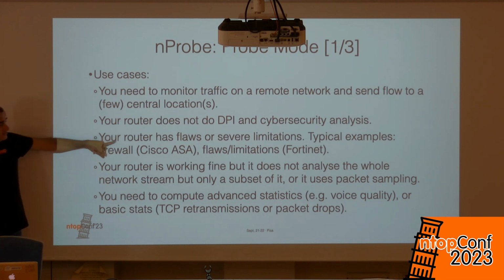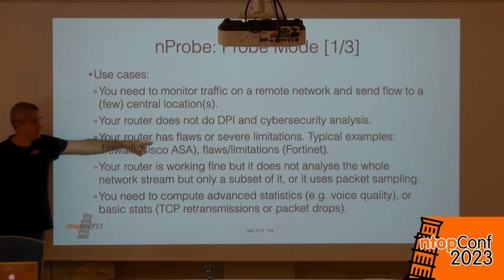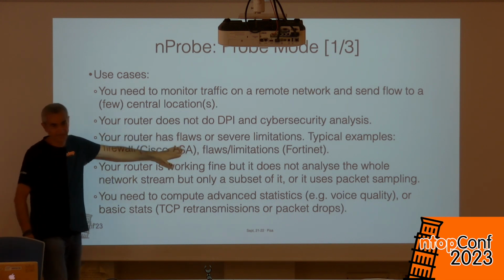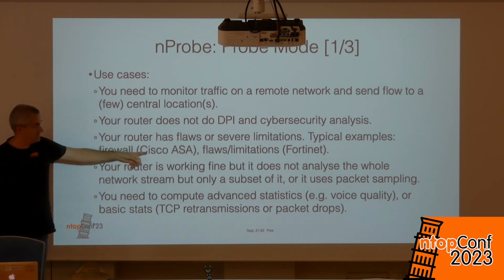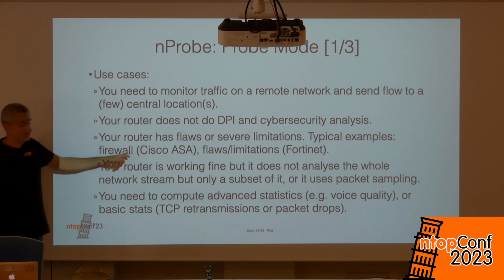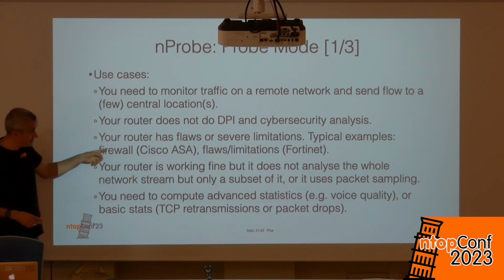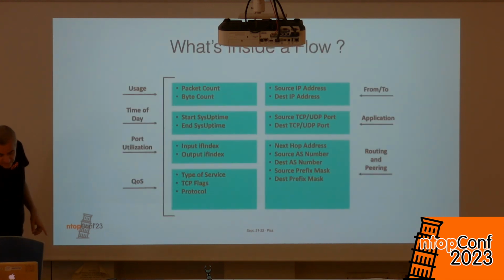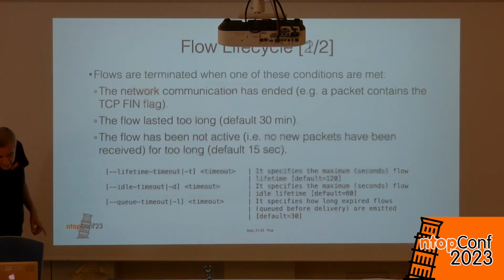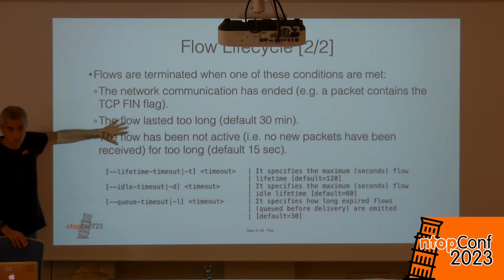Another reason is your router has limitations or, let's say, bugs. Let's call it bugs. So, for instance, a Cisco router like the Cisco ASA, this is not a real router, it's a firewall. So it means that in this case, what I told you before is not true.